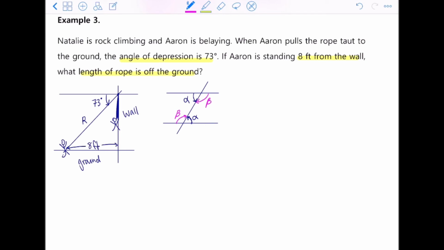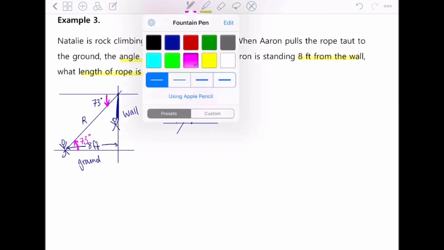Okay, so we're going to use this property, and let's form a new thing here. If the angle of depression is 73 degrees here, then the angle of elevation must also equal 73 degrees. So I'm going to set up our triangle that way.